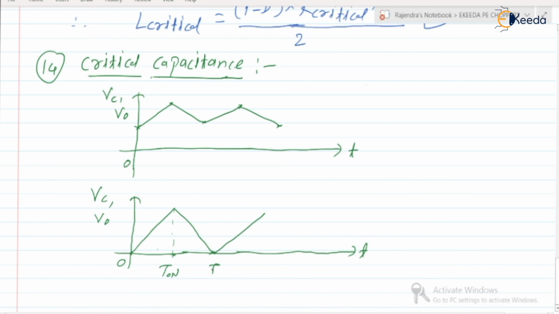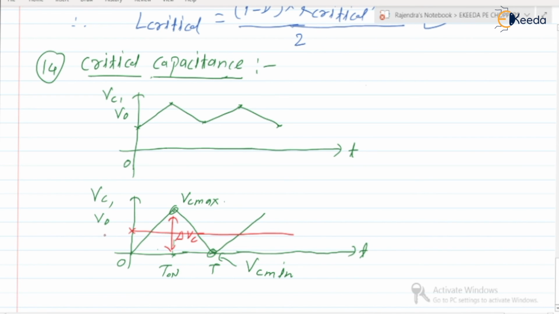Okay, so here we can write it as, yes, this is nothing but Vc max. Okay, this is Vc equal to 0, which means Vc min. Okay, next, what is the delta Vc? Delta Vc means this value. Okay, so further, what is the average? Average will be like this. Is that clear?